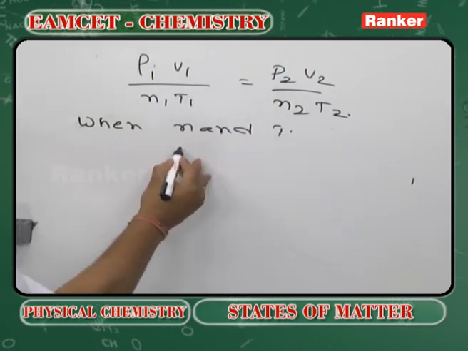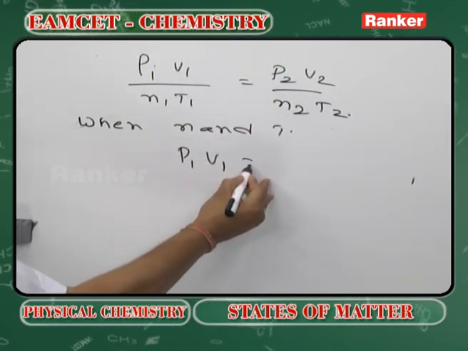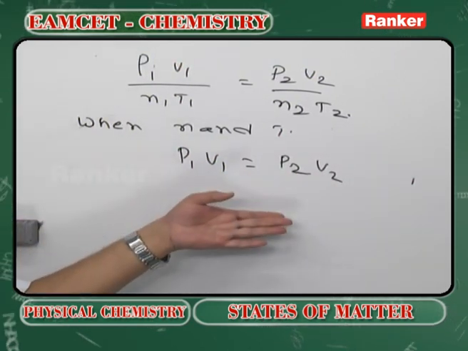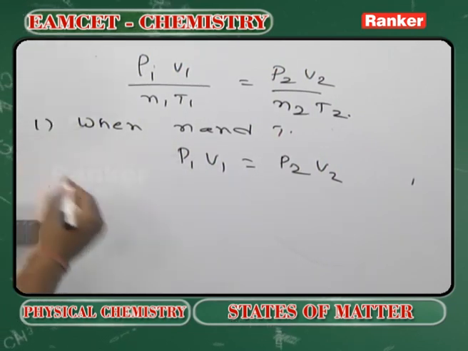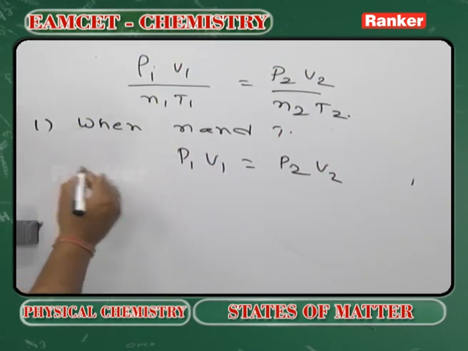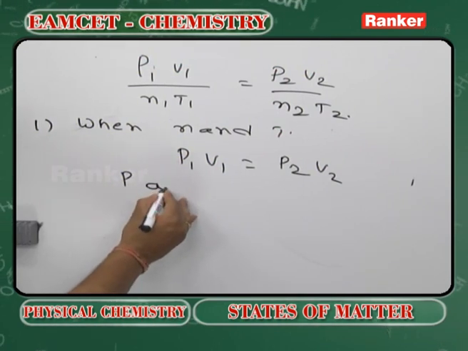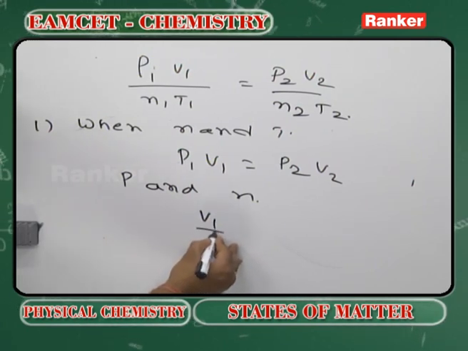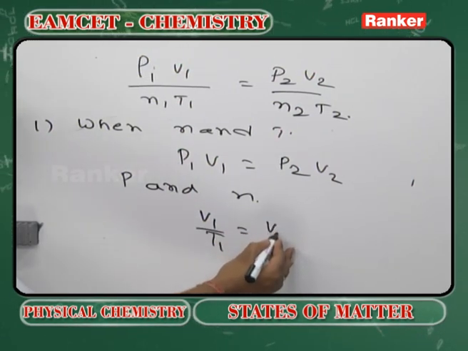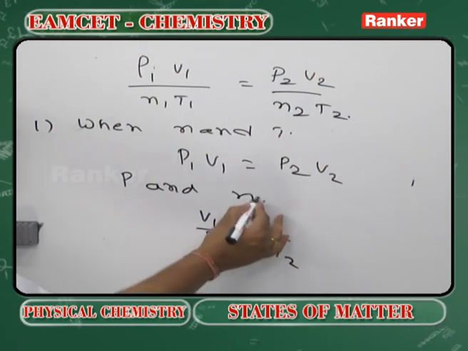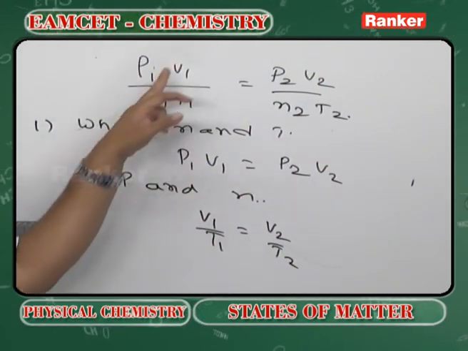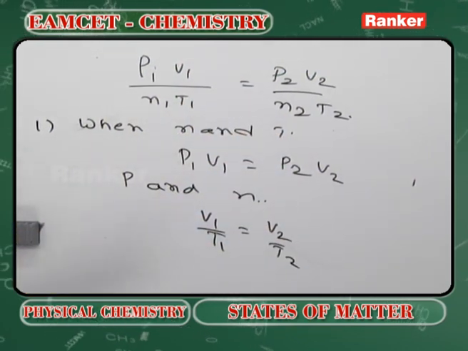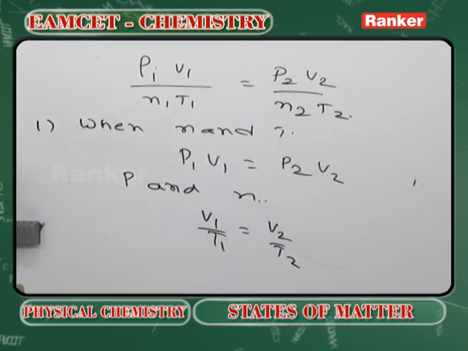When n and T are constant, P1V1 = P2V2, which is nothing but Boyle's law. When P and n are constant, what will be the relation? V1/T1 = V2/T2, which is nothing but Charles' law.